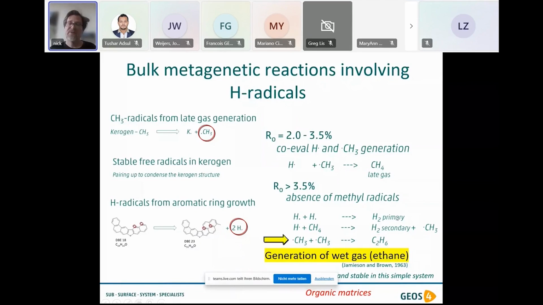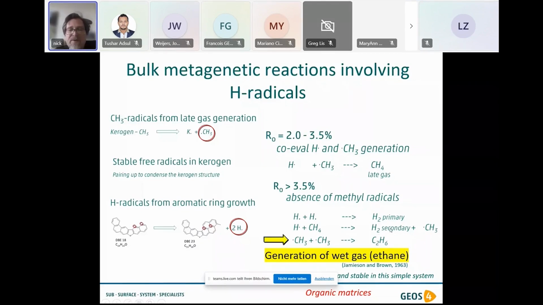But what also could happen is that secondary hydrogen is formed by reaction of a hydrogen radical with previously present methane. This would leave behind isotopically light methyl radicals, which could again recombine to give ethane, so generate wet gas.